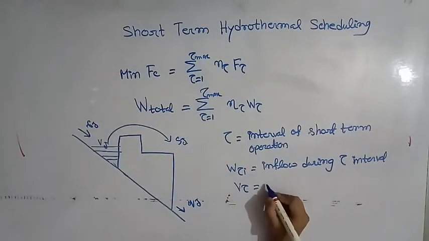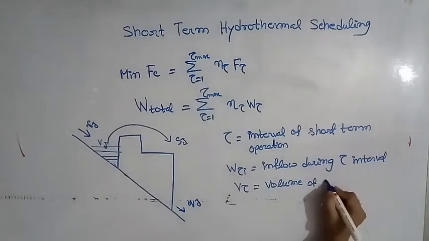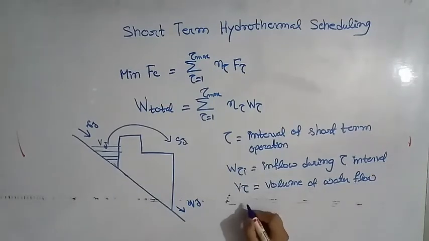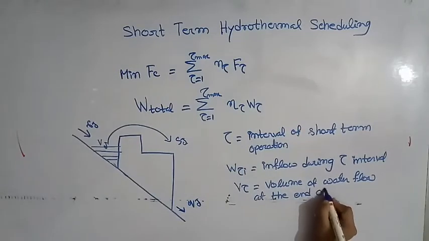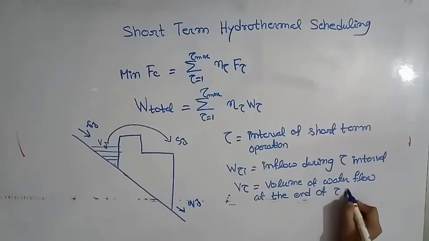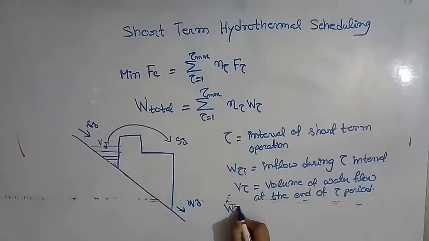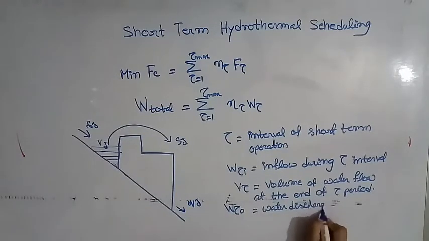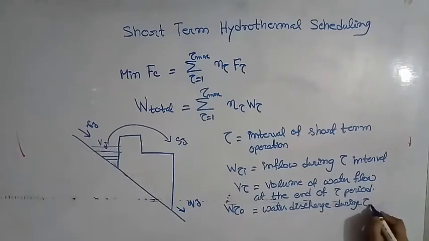V tau is the volume of water at the end of the tau period. W tau 0 is the water discharge during the tau period.